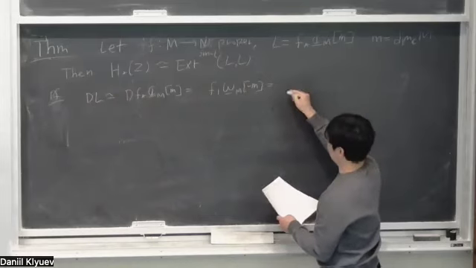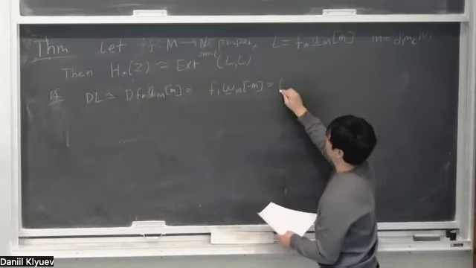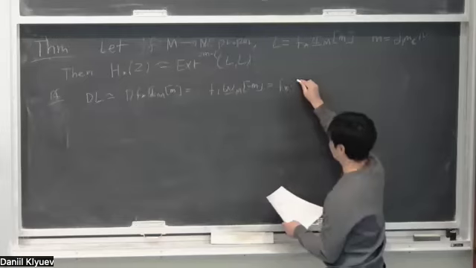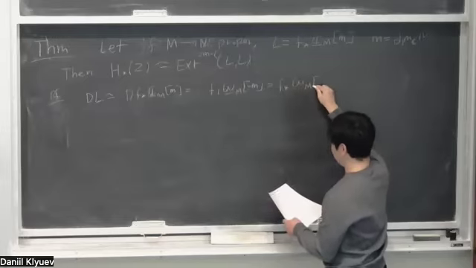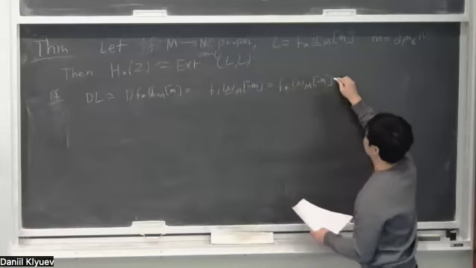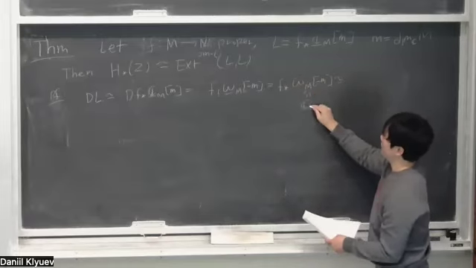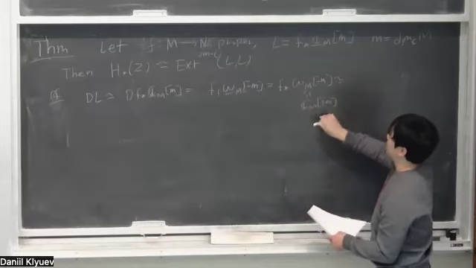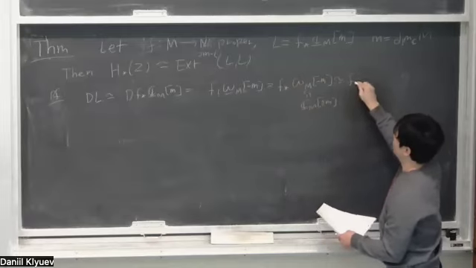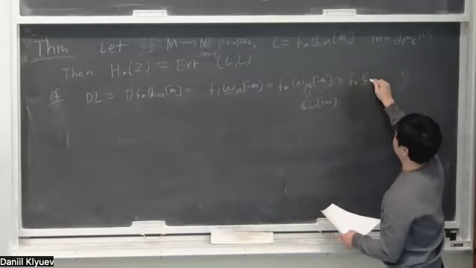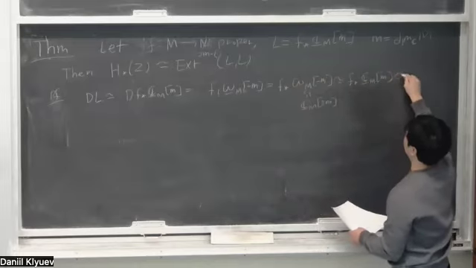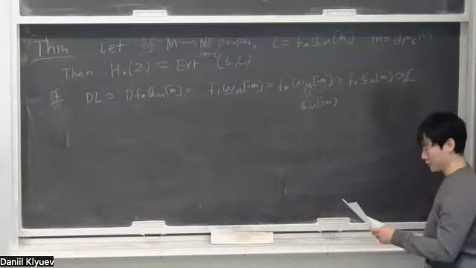And since f is a proper map, we have f lower star of omega_M[-m]. And since omega_M is isomorphic to C_M[2m], we get f lower star C_M[m]. So again, isomorphic to L.